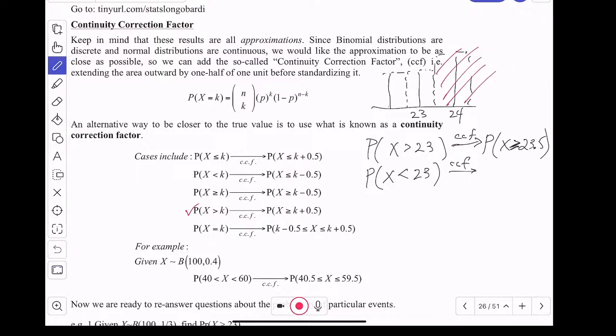I want to include everything below 23. So I'd start at 22.5. And that is that case. So I have to go less by 0.5.